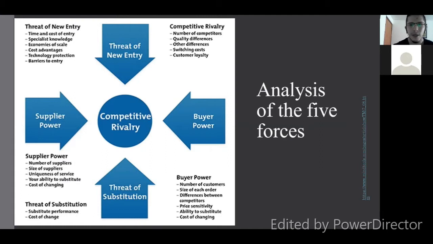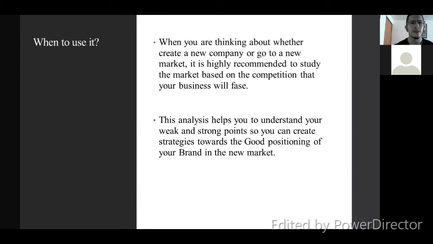And now in the next slide, you have when to use it. Basically, as we mentioned at the beginning of the presentation for this model, if you want to change your market or to expand your brand, what you have to do is check your market, to study your market and see if you will have opportunity to be in that market and survive.